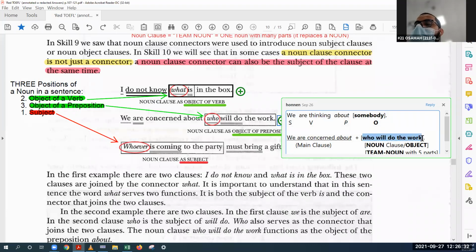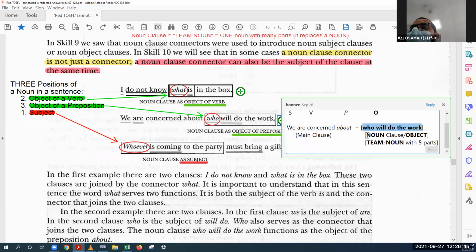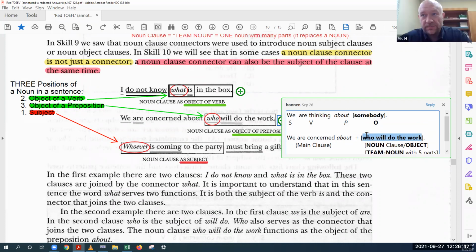This is not simple. It is complex. Yeah, but what kind of a clause?